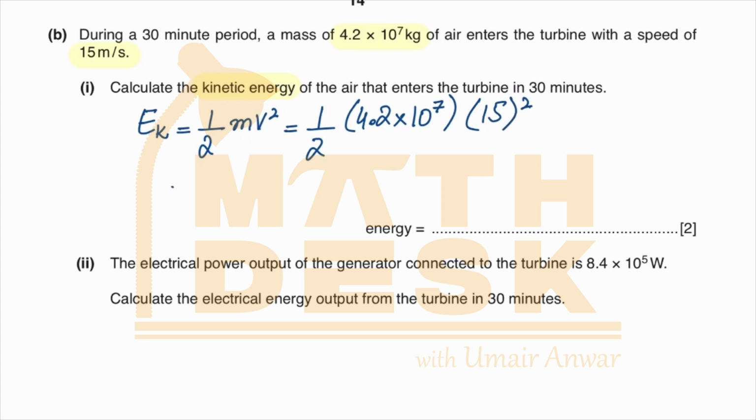So the answer we get for this part is 4.7 × 10^9 joules, and it is written in standard form with two significant figures according to the requirement of the mark scheme. So in the answer space, I'm writing 4.7 × 10^9.